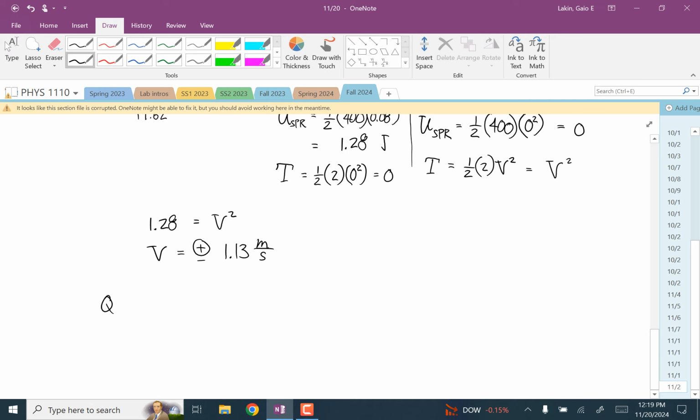Okay, so now I said I was going to show you how you calculate that spring stiffness. So here's a question. How could we have determined that spring constant?